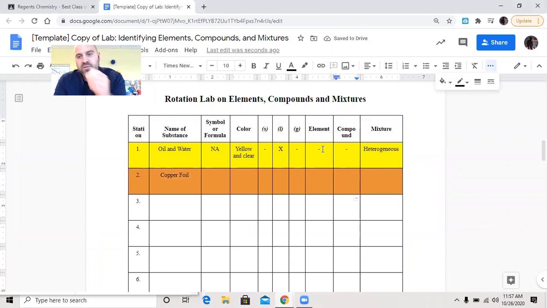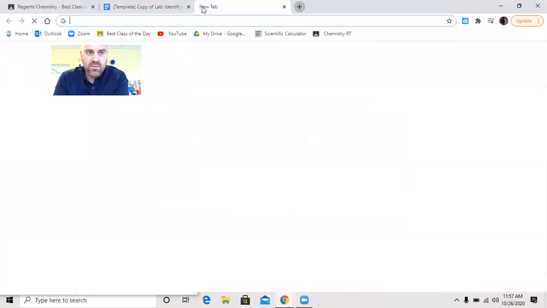The symbol or formula. What's the symbol or formula for copper? Yes, Tintin. The copper symbol is Cu. I don't expect you guys to know this yet, maybe some of you do.